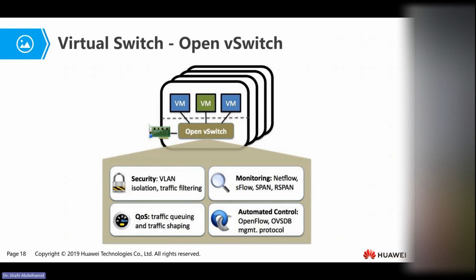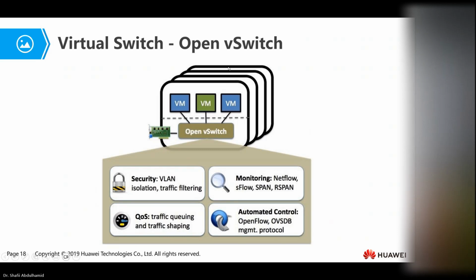Virtual switch uses what we call Open vSwitch. An Open vSwitch is a switch that helps to translate traffic between virtual machines and a NIC, or a virtual NIC, within a virtual environment.